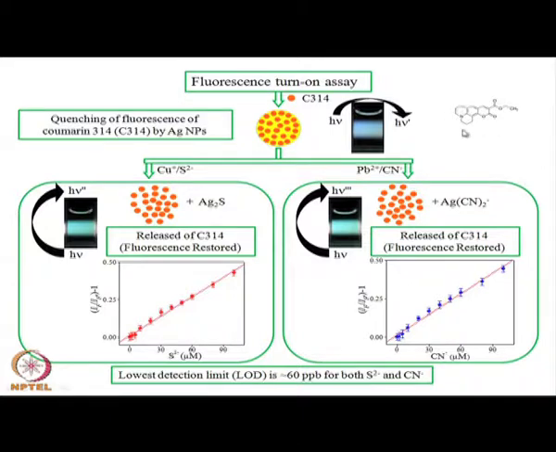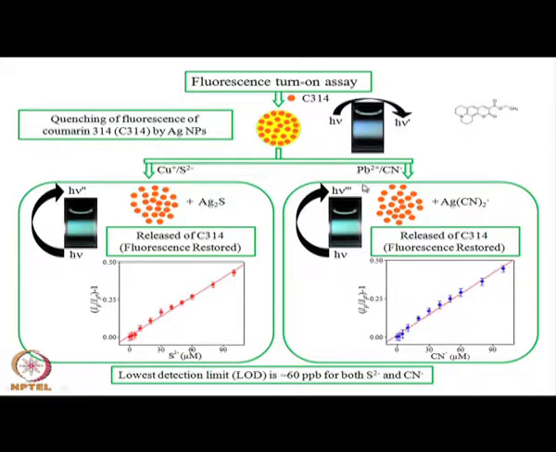So, the fluorescence of this molecule is turned off because of its interaction with the nanoparticle. And then to this, if you add this Cu+ ion and then sulfide, then what is happening is that this C314 is released, and therefore fluorescence is restored.